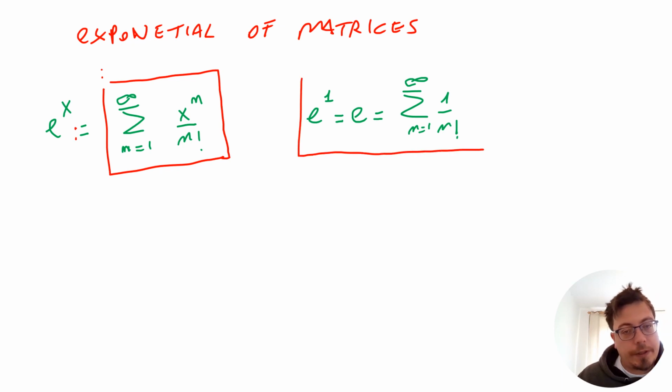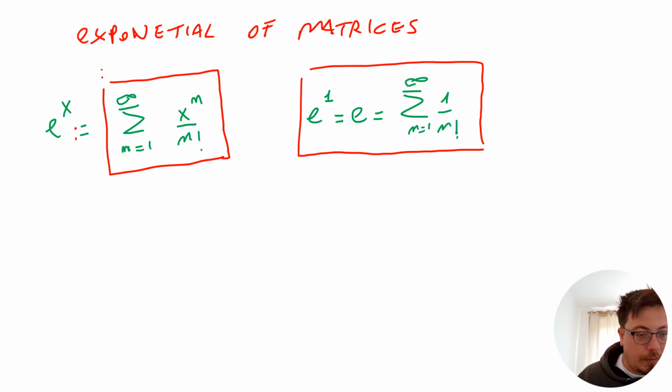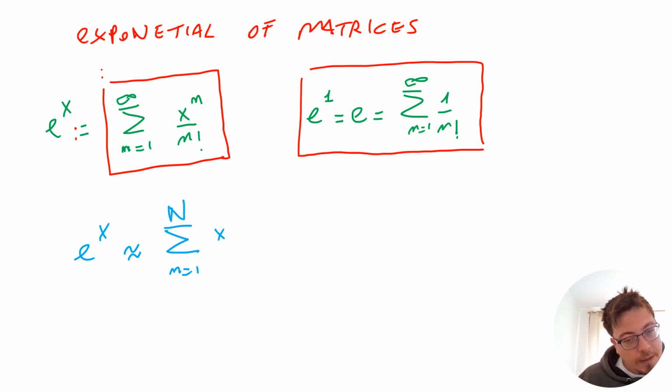To refresh our minds and not fixate too much on the summation to infinity, we can say that e to the x is roughly, not exactly, equal to the sum up to a large N, much, much bigger than 1.